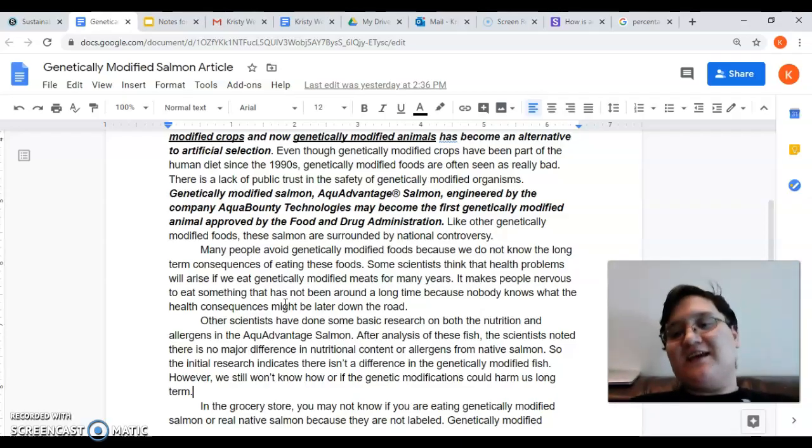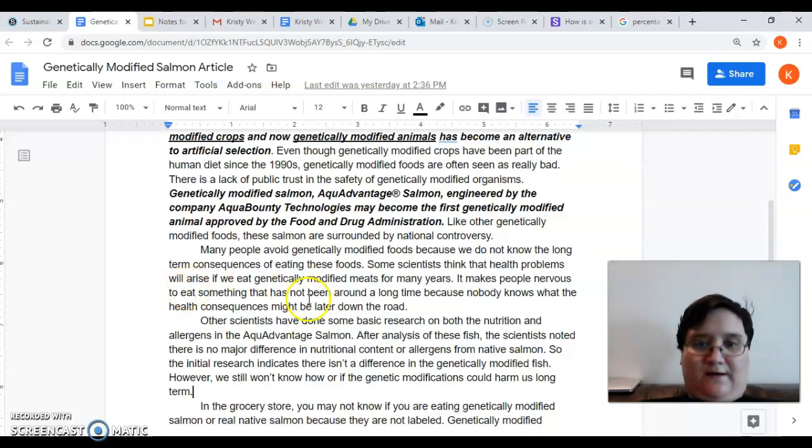Say you eat GMOs your entire life, right? From babyhood to adulthood to old age. A lot of people are like, well, what if it makes you more at risk for cancer? Or what if it makes you more at risk for heart disease? We don't know because they haven't been around long enough to know the long-term effects for health.